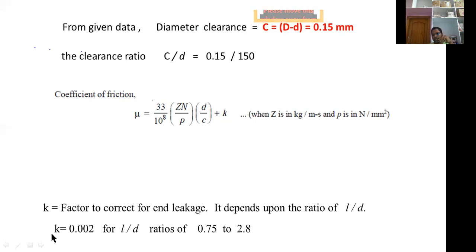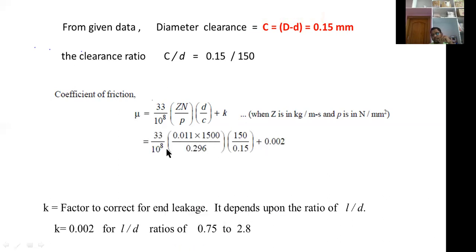Substitute the value of k in the above equation. 33 by 10 power 8 into Z, which is 0.011, and the speed of the shaft, 1500 rpm, divided by 0.296, which is also given.